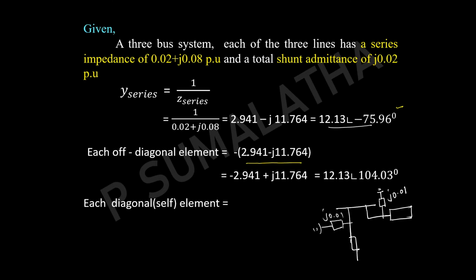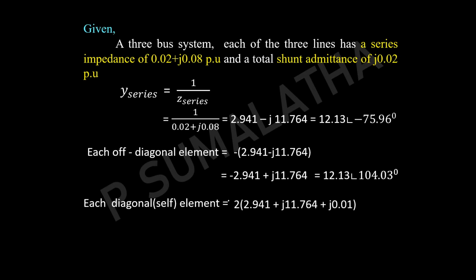If you take the rectangular form, 2 times of 2.941 minus J11.764 plus J0.01. That means one line value will be equal to 2.941 minus J11.764 plus J0.01. Since you have 2 lines, you will be multiplying that value by 2.